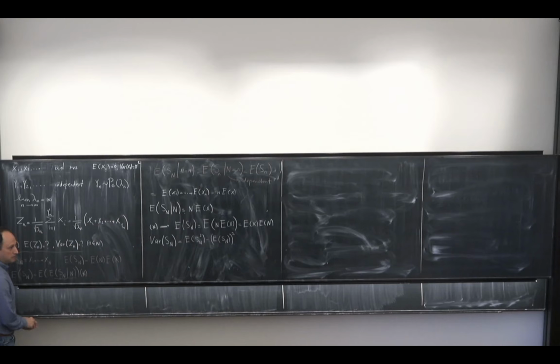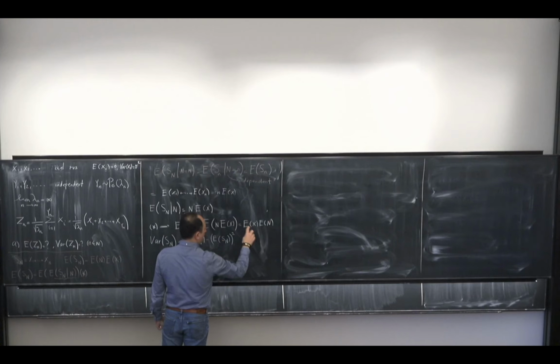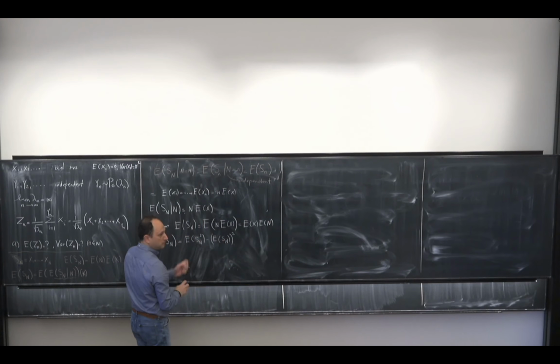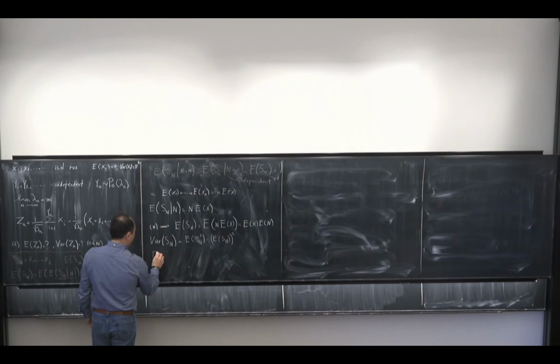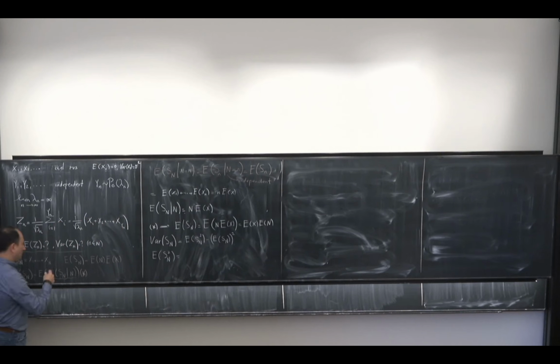I don't have any problems here. I just need to raise this one to power 2. So my problem is with this one. So at least let me show you a different proof. The proof in the book you can follow using moment generating functions and things like that. But let me also use another theorem. That's also very important because I think some of the exercises are using this trick as well.